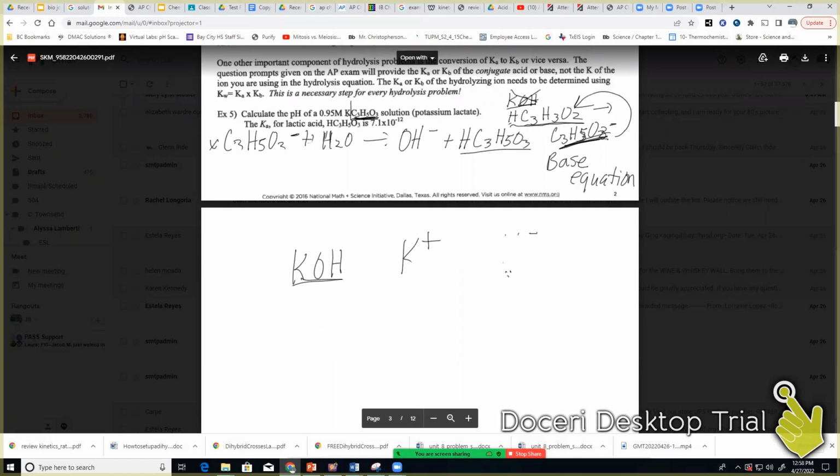So originally we were given the Ka for this acid, but we didn't use that acid. We used its conjugate base. If I wrote this reaction, this would be my acid and it would donate.